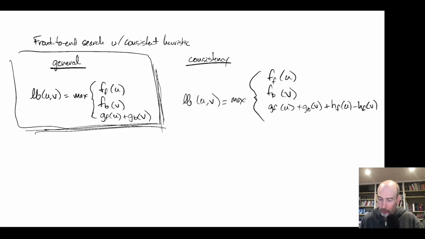So we're getting an estimate of the front-to-front distance between u and v by using the consistency of the heuristic. I'm not writing out the whole derivation, but we've seen this enough times, so hopefully this is clear by now. This is using the heuristic in the forward direction.